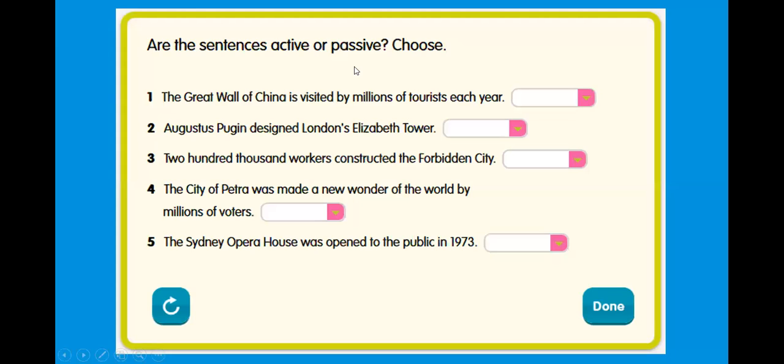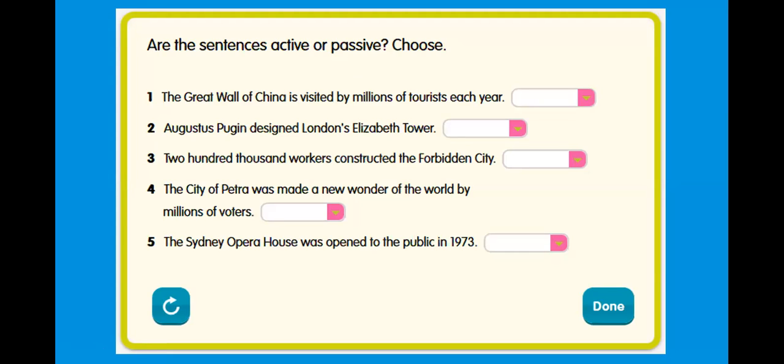So for number one, we have the Great Wall of China is visited by millions of tourists each year. Okay, so we have the Great Wall of China, and then the verb is visited. We have to make the question, who? Who visits? The Great Wall of China visits? No. The Great Wall of China doesn't visit. The Great Wall of China is visited.